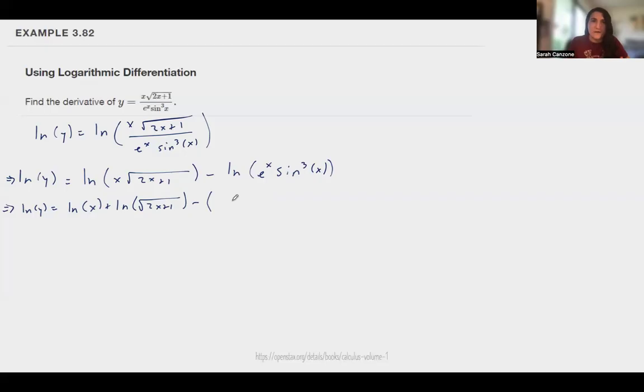So we have to consider that when we're doing this. So minus the natural log of e to the x plus the natural log of sine cubed of x. Okay, I think I have enough parentheses.